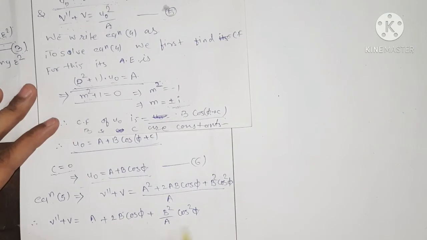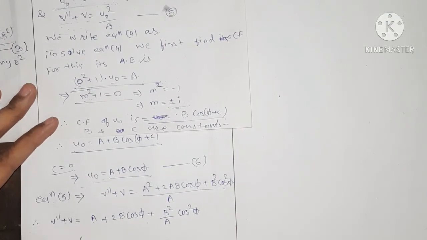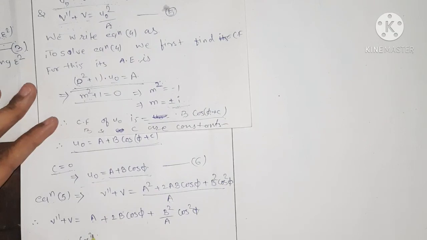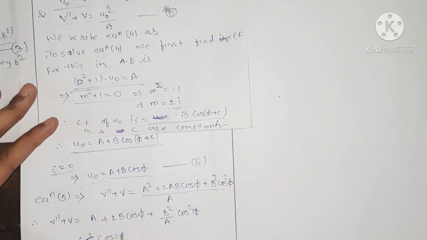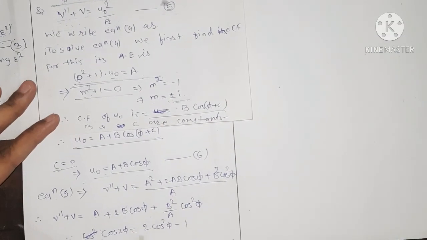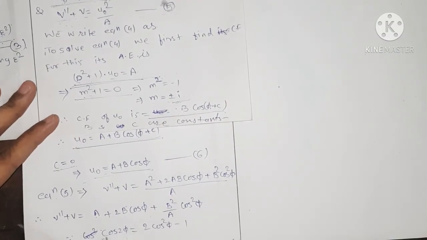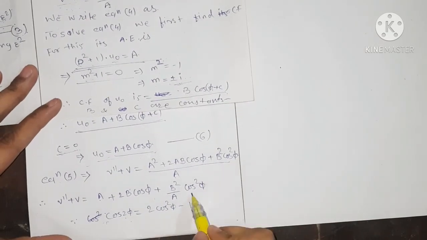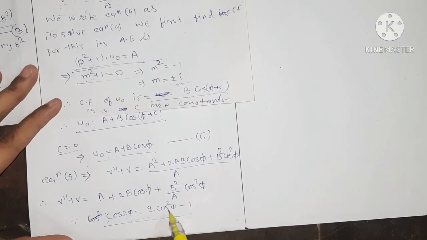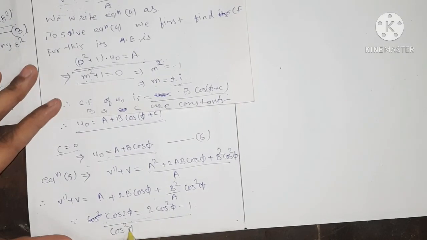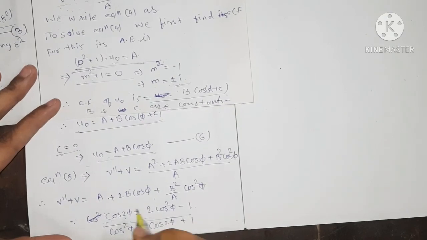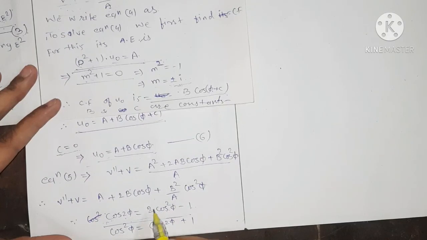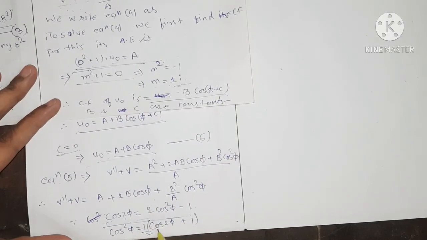Right? Now we know that cos of 2 phi is equal to 2 cos square phi minus 1. Cos 2 theta or cos 2 phi, the formula for this is 2 cos square phi minus 1. Therefore from this formula we can write cos square phi: we take this 1 to this side, so it is cos 2 phi plus 1, and this 2 is in multiplication, so we have 1 upon 2 in bracket cos 2 phi plus 1.